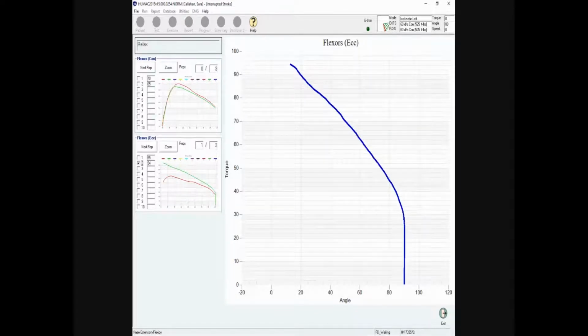So again, you can see on that eccentric box just how much better her second rep was compared to that first one.